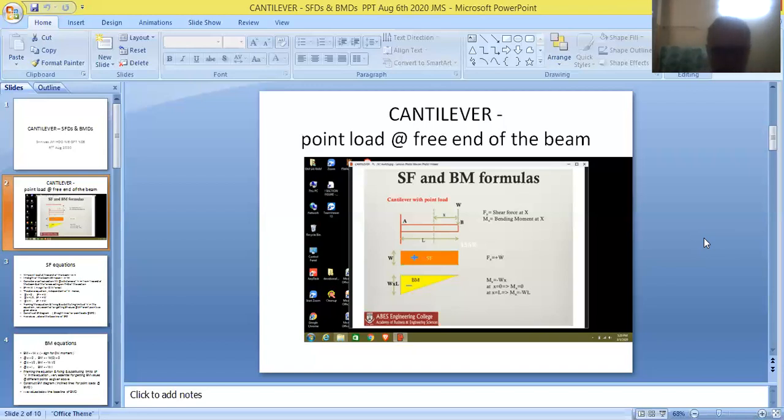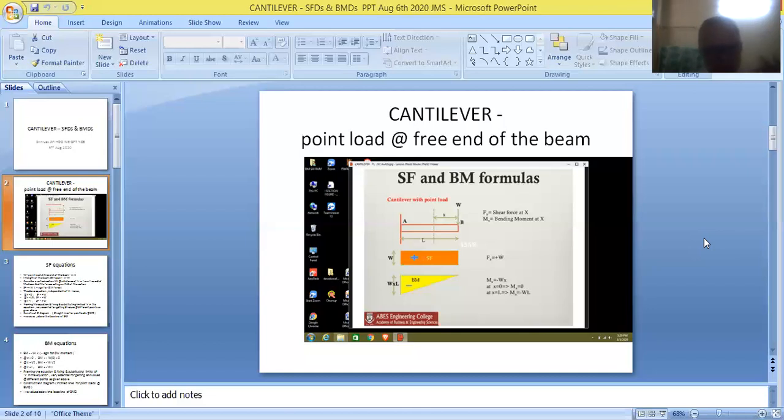So these are the rules to be followed while constructing shear force as well as bending moment diagrams. Positive values will be coming above the baseline, and the negative values will be coming below the baseline.